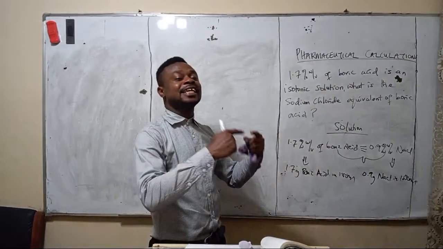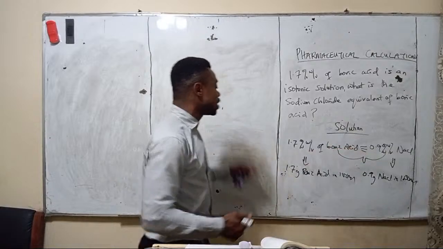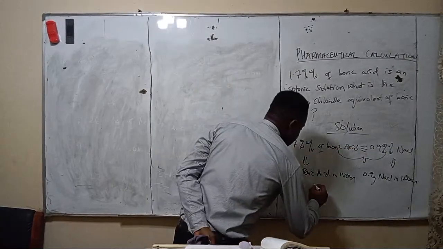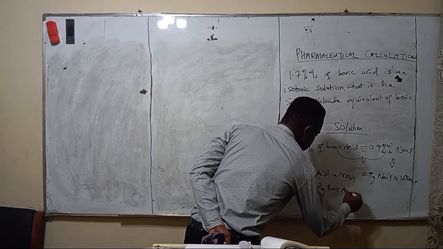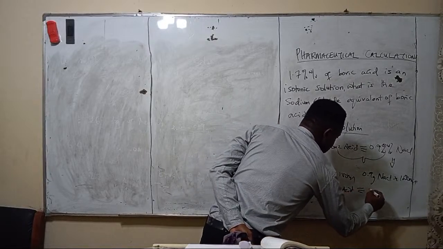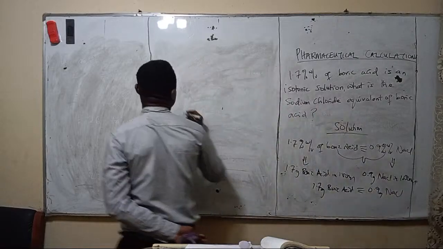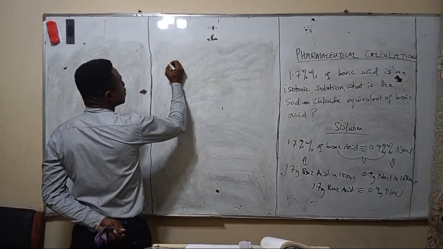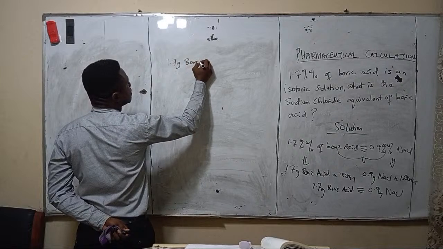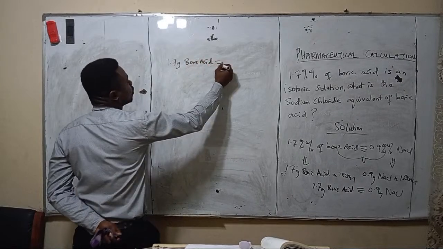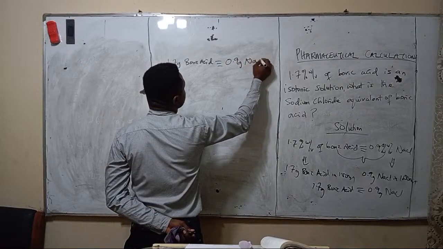Since they are in the same 100 ml solution, that also means that 1.7 gram of boric acid is equivalent to 0.9 gram of sodium chloride.